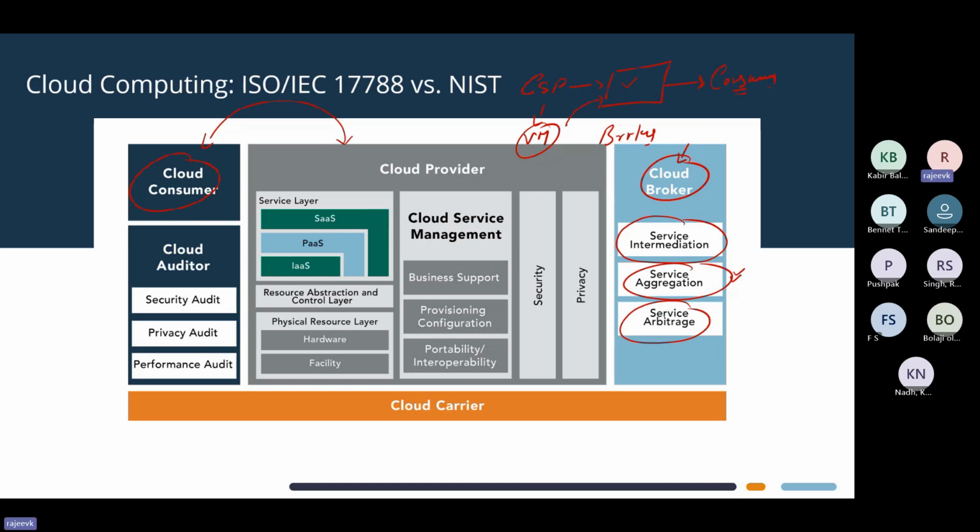So I'm purchasing S3 for storage from AWS, the virtual machine from Google, analytics capability from GCP, again Google, and identity services from Azure.